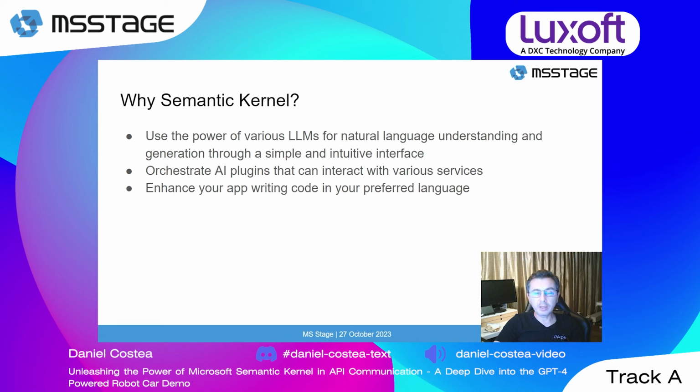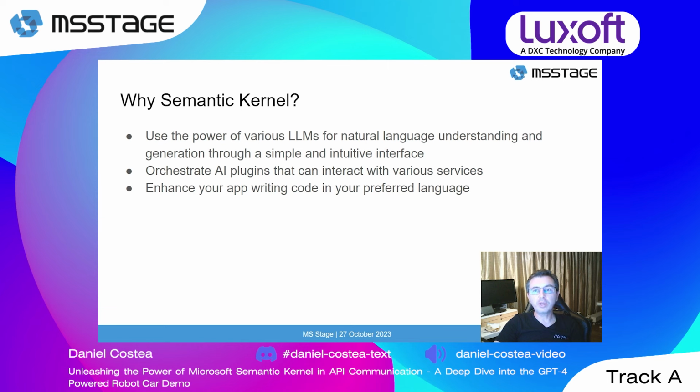Using Semantic Kernel, we can benefit from the power of large language models for natural language understanding and natural language generation, reducing the complexity of working with them directly. So, using Semantic Kernel, we don't have to learn the particularities of all these models and APIs.